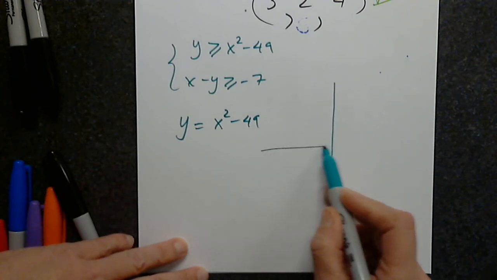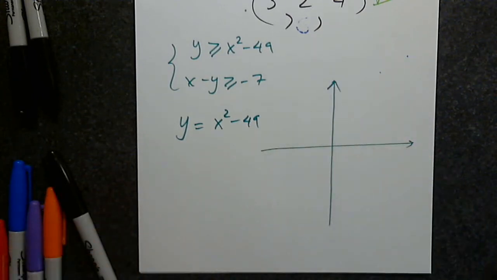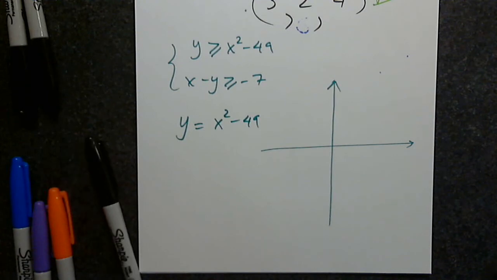We graphed it so many times using transformations. Please tell me, how does this look? Yes, and down 49. So it must cross where? At -7 and 7.